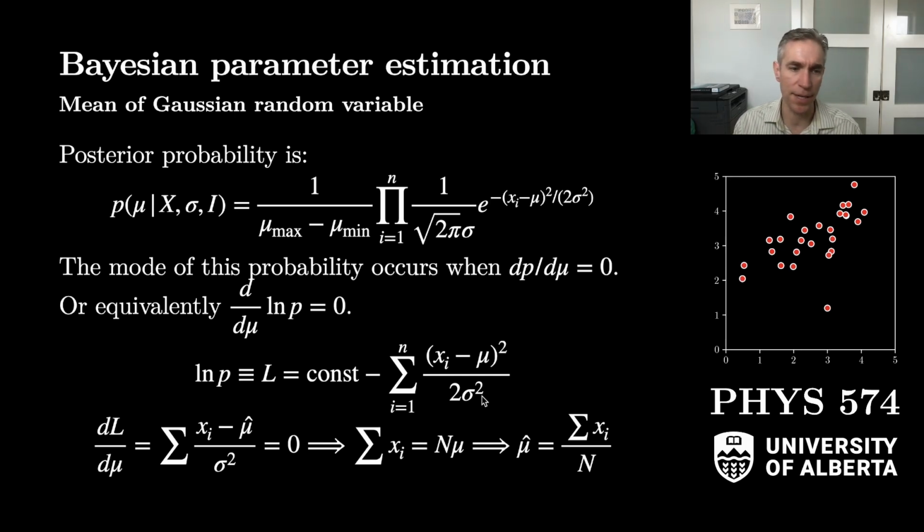That's some constant here, minus the sum of (xi minus mu) squared terms. If we want to figure out where that's maximized for a value of mu, we take the derivative, and we get a mu hat estimator, which is the mean of the data.